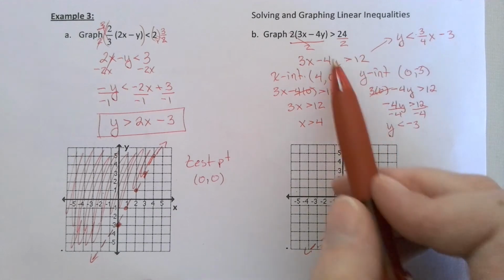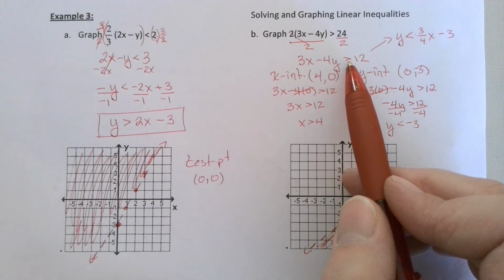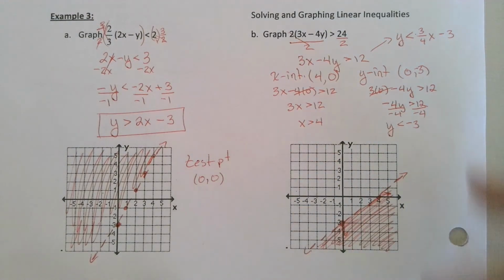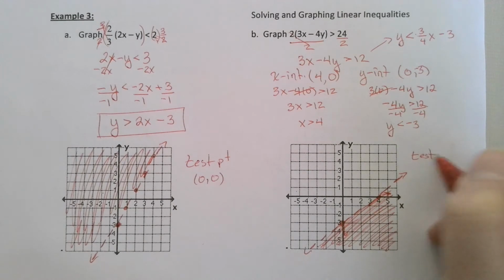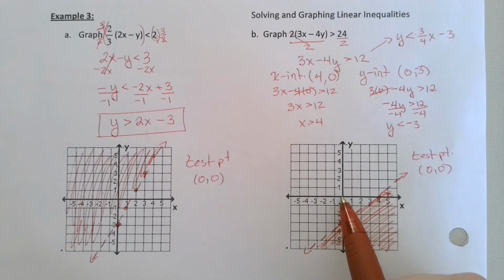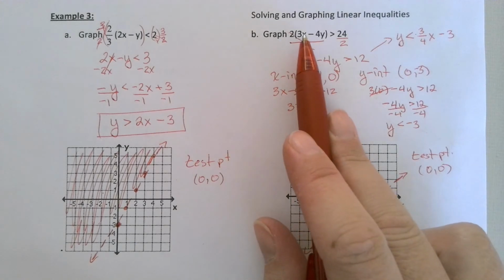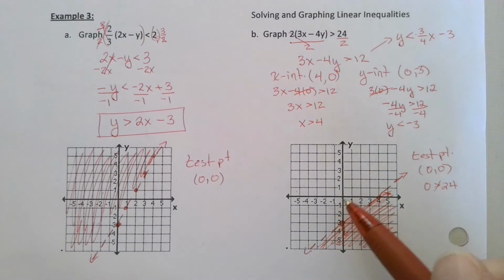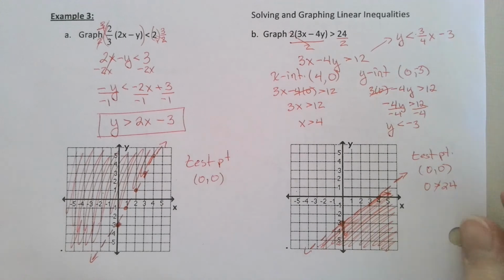So you cannot use the original inequality symbol when you're graphing using x and y intercepts. You want to look for these, or again, use a test point of 0, 0. And so if I put 0 in here, or in the original, I get 0 overall is greater than 24, which is not true. And so that's why I won't shade this half of the graph, I'm going to shade the other half.